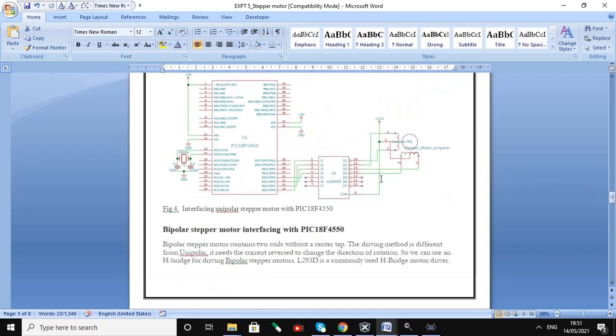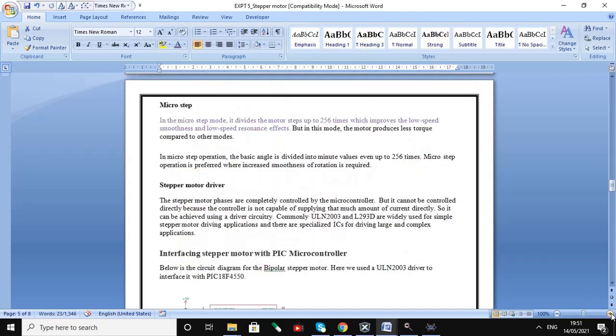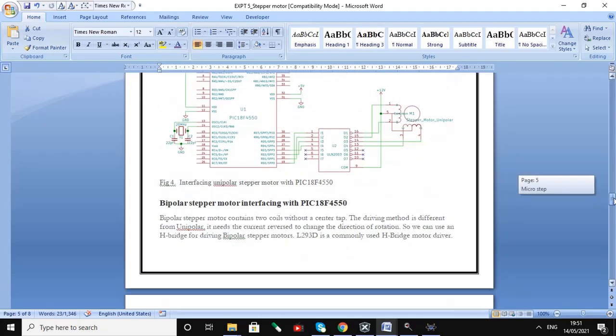Now in this particular interfacing diagram, we need to see that A and B are connected to 2 port pins, so 2 pins of the driver. C and D are connected to two pins of the driver, and the middle one is connected to the positive voltage.